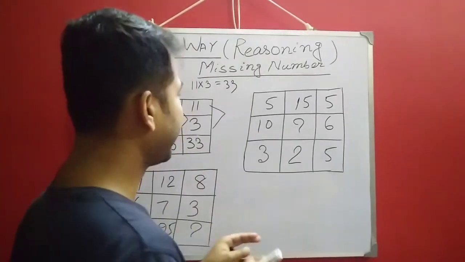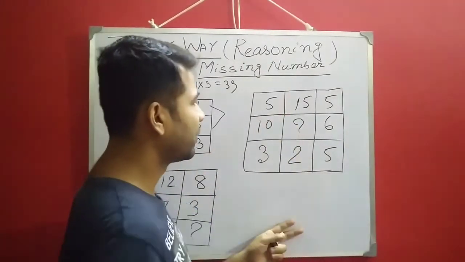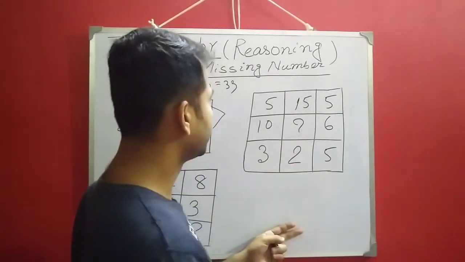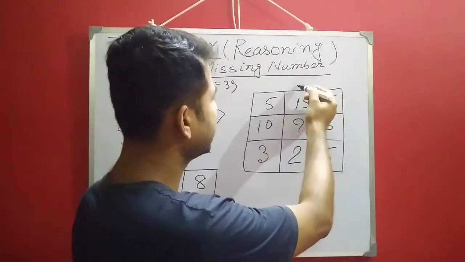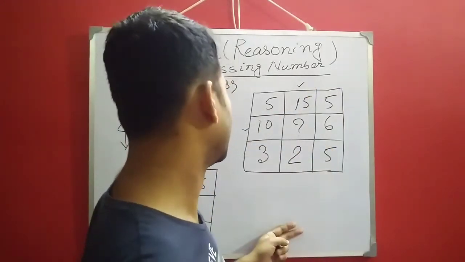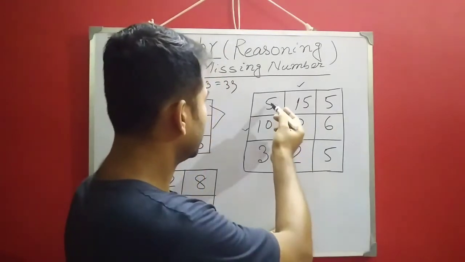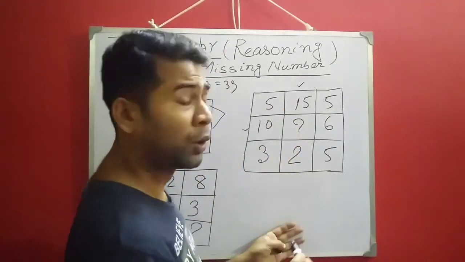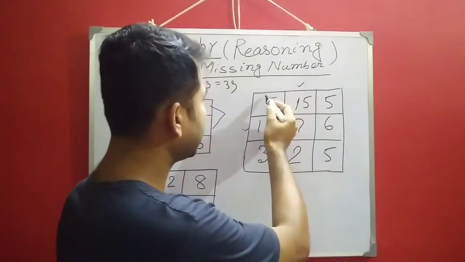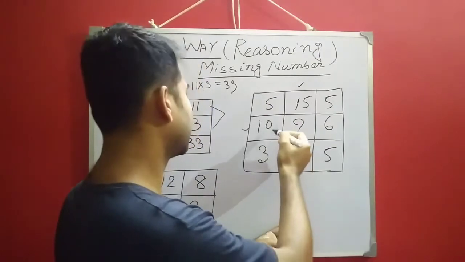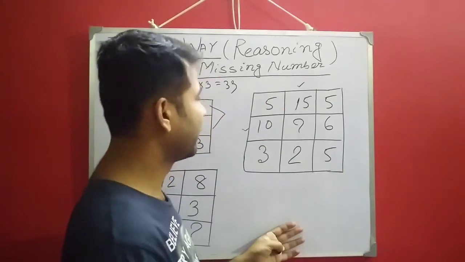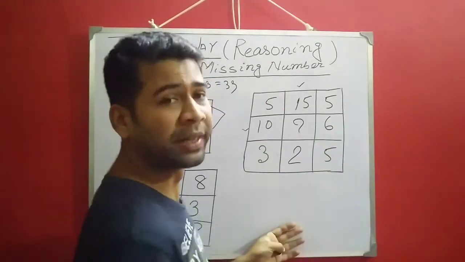Clear? And for the next case, what is the maximum number? Here is the middle. In this case, we calculate a mathematical operation for these three values, and similarly the rest.